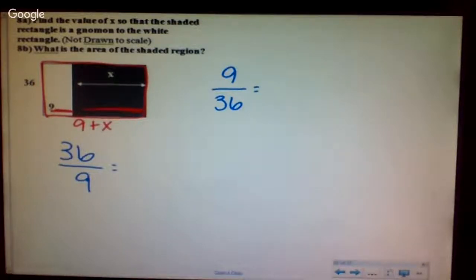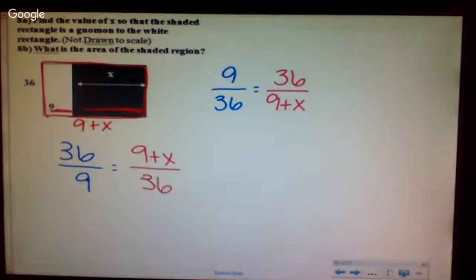Okay, so this one, I did short side over long side. What's my short side now? 36. So this needs to be 36 over 9 plus X. When I added that extra piece, that made the short side of my rectangle my new long side. Or if you did it this way with big over small, this would be 9 plus X over 36.